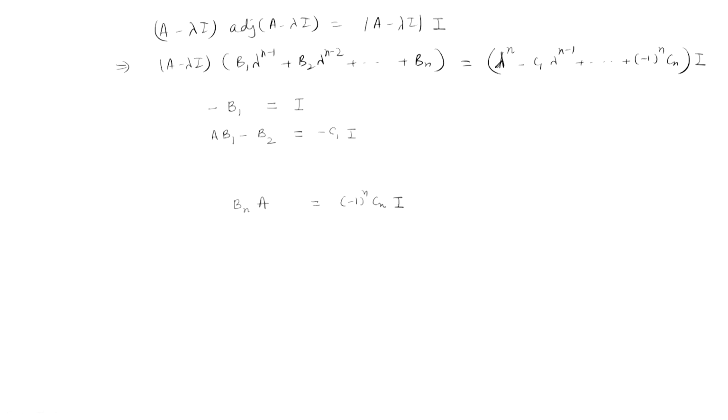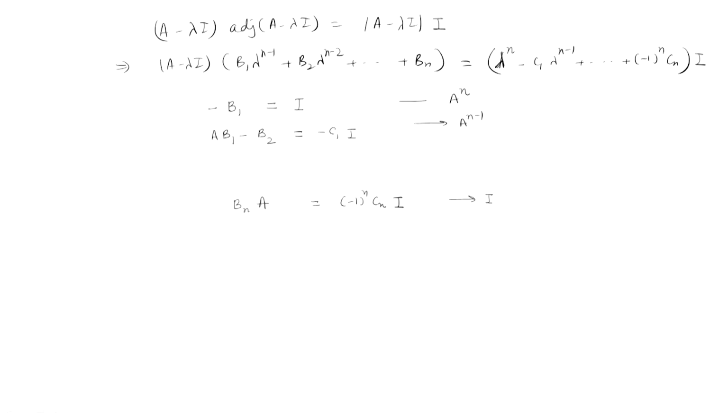Now, you multiply the first equation by A raised to power n, the second equation by A raised to power n minus 1, the last equation with identity, and you add them. When you multiply this by A raised to power n, and this by A raised to power n minus 1, then A into A raised to power n minus 1 will become A raised to power n into B1.